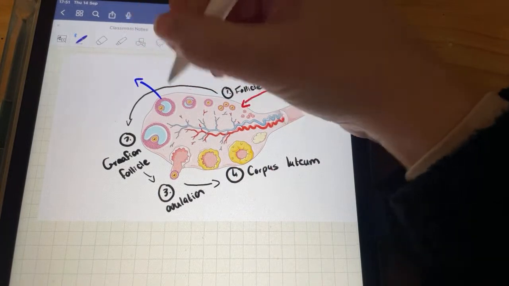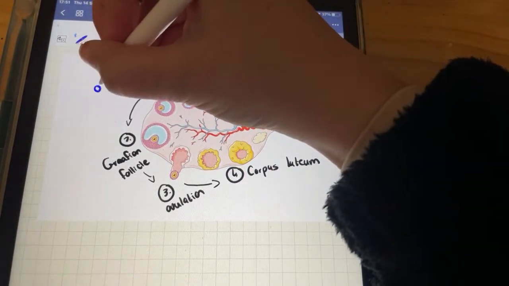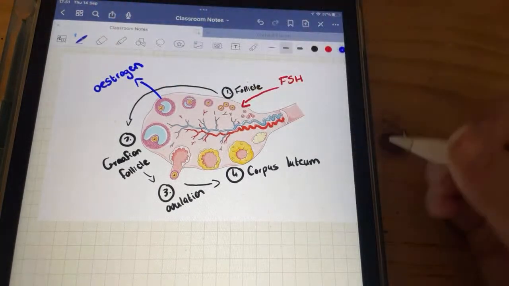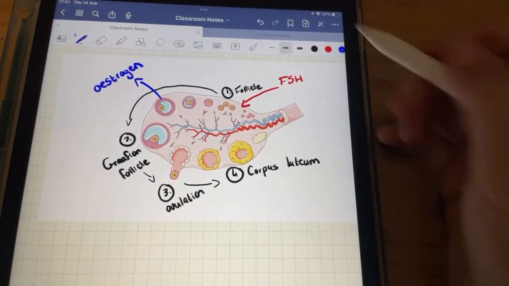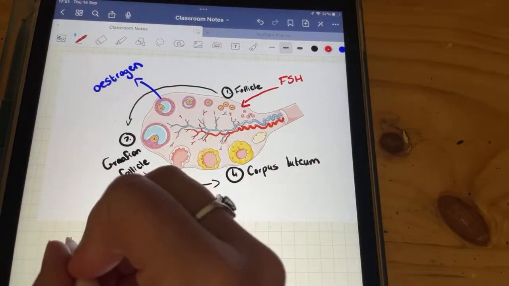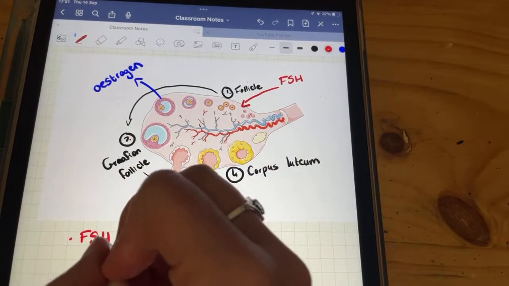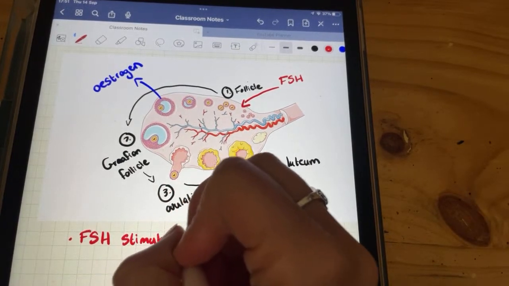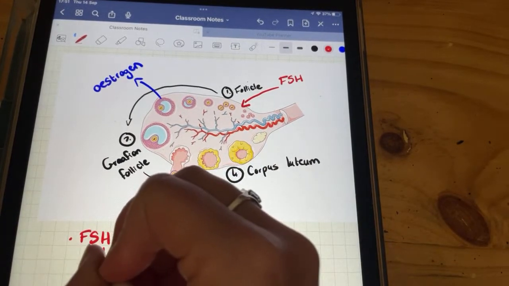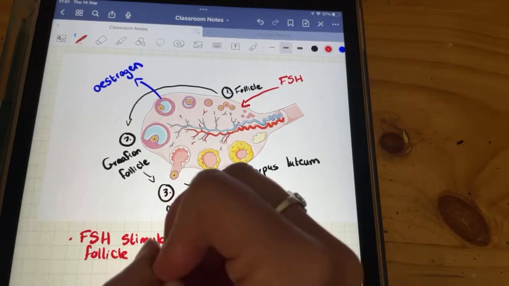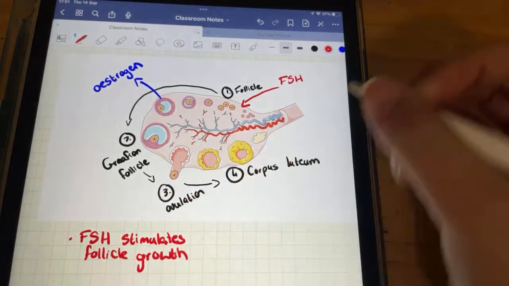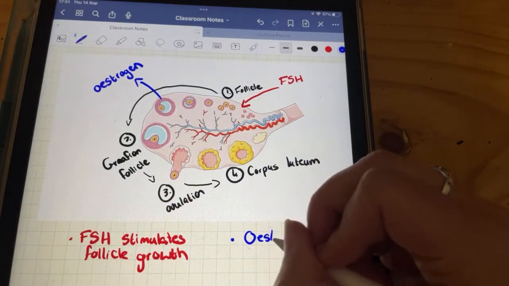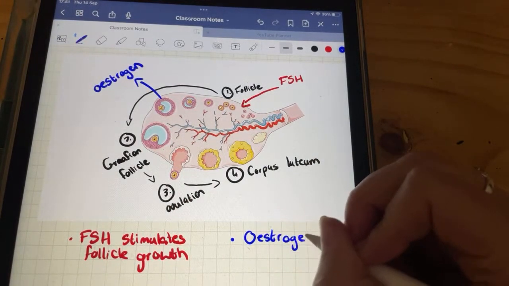So a hormone is coming out of the follicle, which is called estrogen. Now I'm going to keep the colors so you can keep track of what I'm saying. Going back to FSH, FSH stimulates follicle growth.